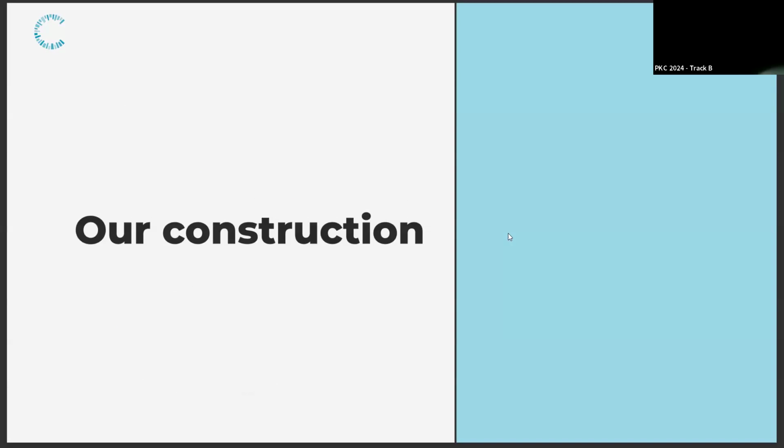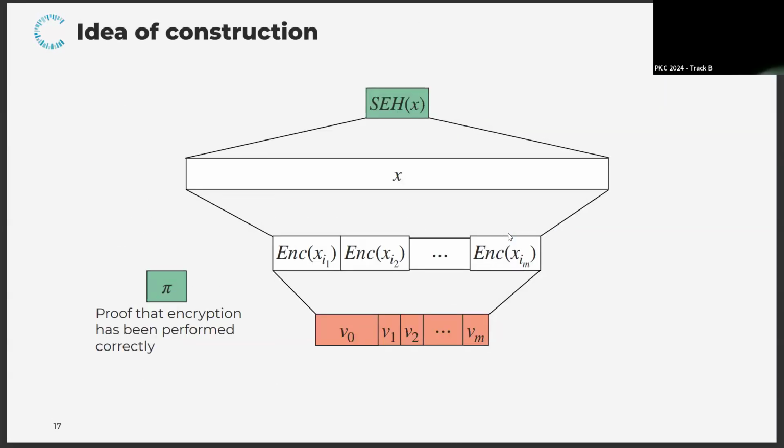So how does the construction work? The idea is that we take the input x, and the short digest will be just some extractable hash at a constant number of positions, while the longer hash will consist of the encryption of the extractable indices, where we compress the encryption.